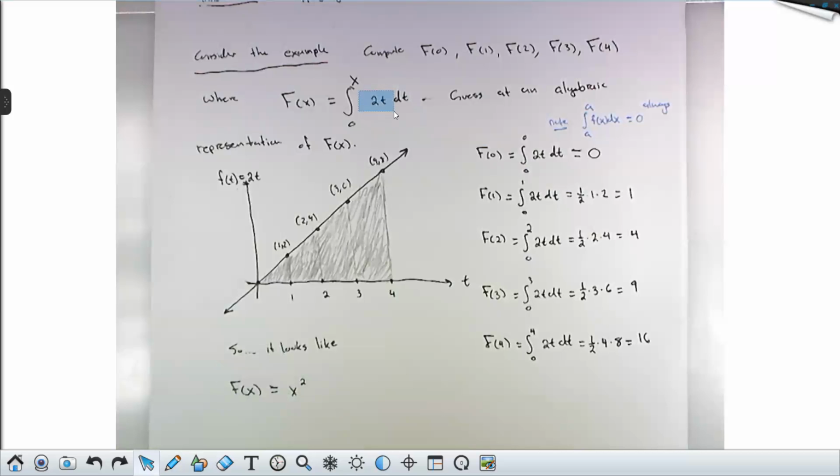If you take 2t and you antiderive it by adding 1 to the exponent and then dividing by that new exponent, you would get t squared. Now, t squared and x squared, right? So this is an antiderivative for this, just with a different variable swapped in. So this says something. This says, at least in this case, the integral is an antiderivative.